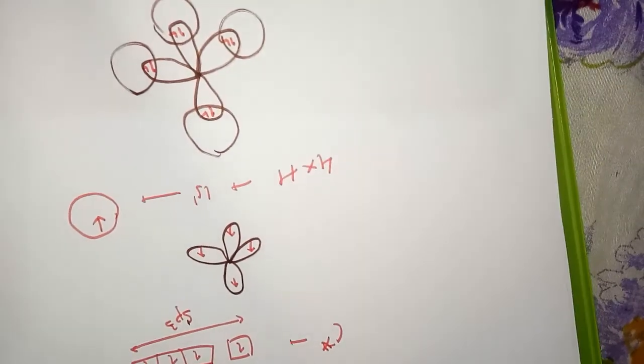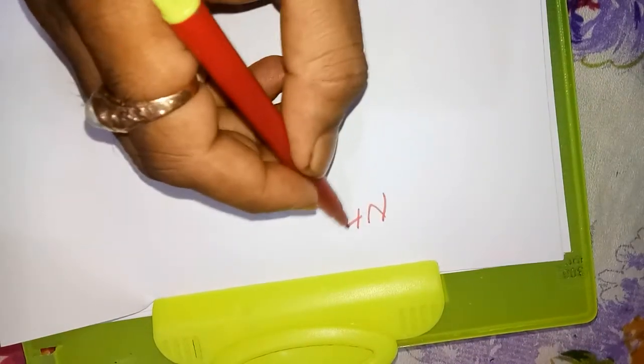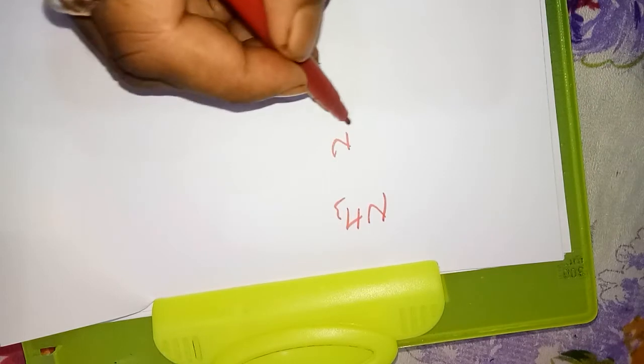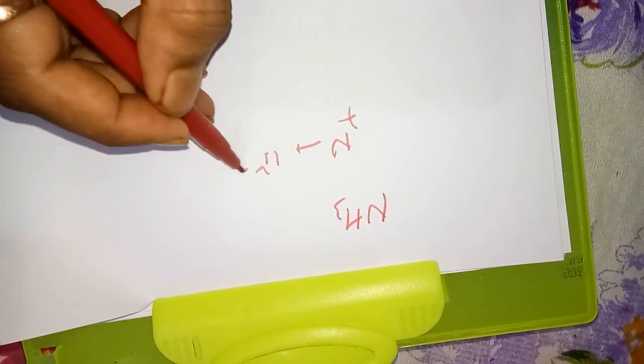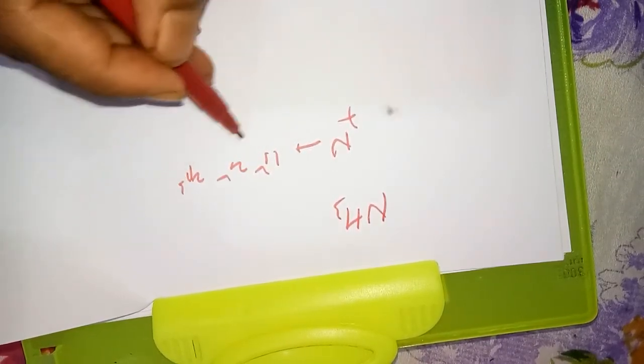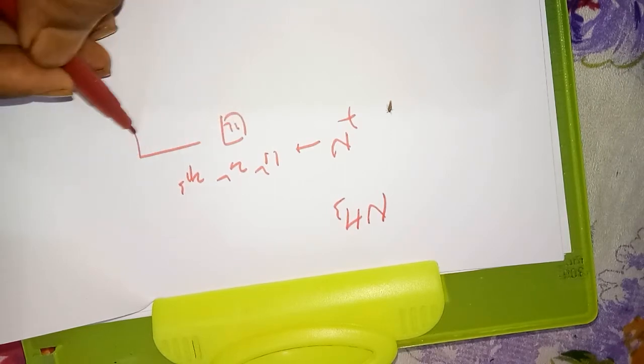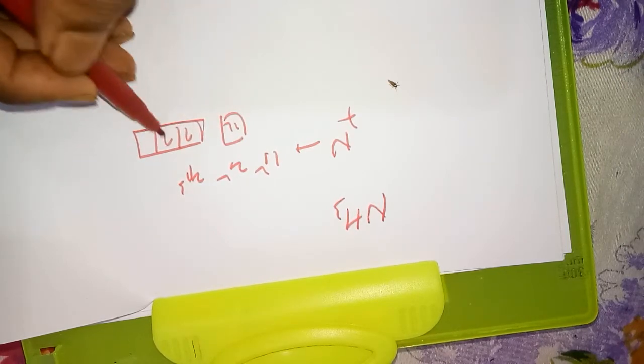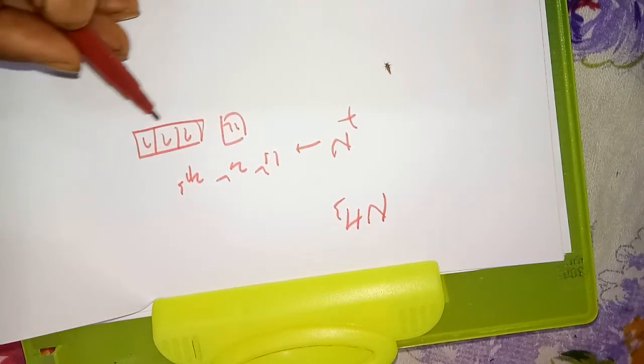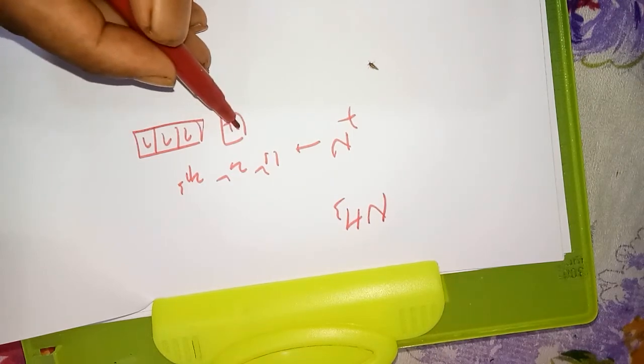Like that, if I want to know the hybridization in NH3, so nitrogen 1s2, 2s2, 2p3. This is the 2s2, this is 2p3. There is no excitation required because all these are half filled.